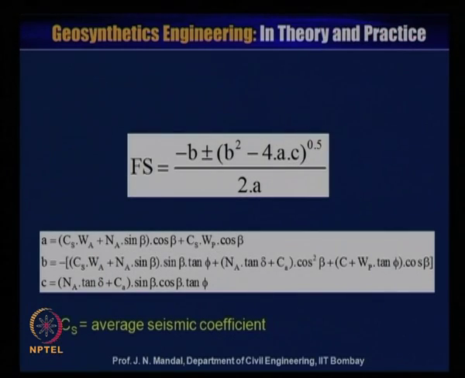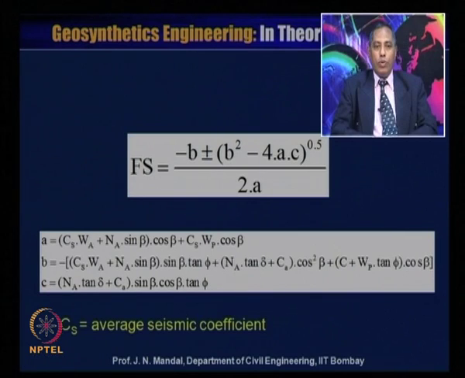Now, again the factor of safety is equal to minus B plus or minus root of B square minus 4AC, divided by 2A, where A is equal to (CS into WA plus NA) into sin beta into cos beta plus CS into WP into cos beta.